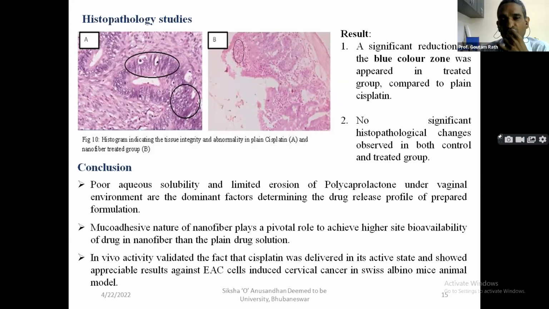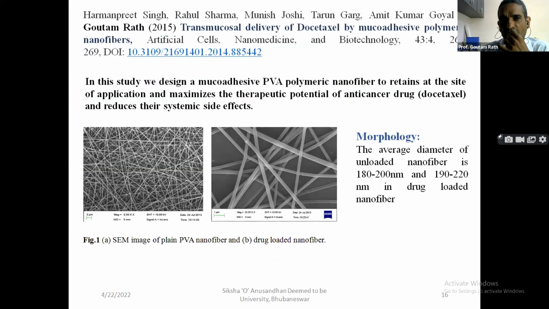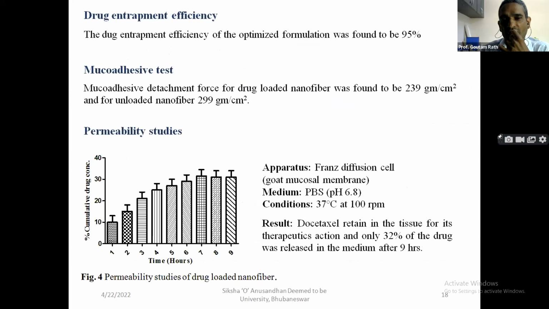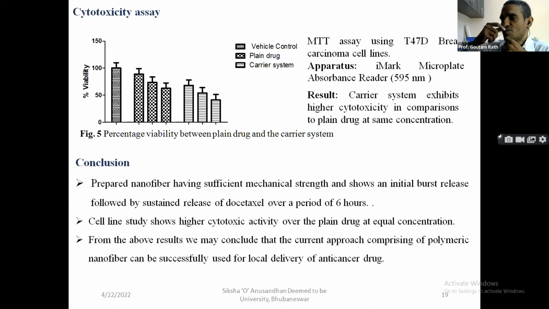So in histopathology, we didn't have any abnormality in the histopathology structures. And we have a second study where we selected taxanes for buccal cancers. Here also, why buccal cancers?